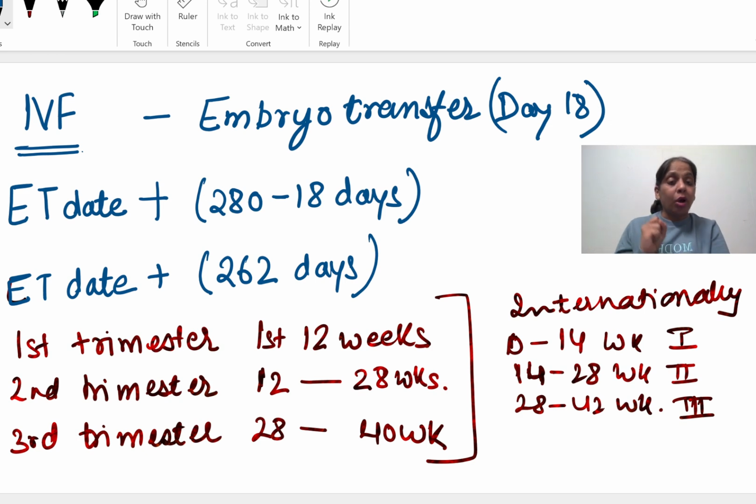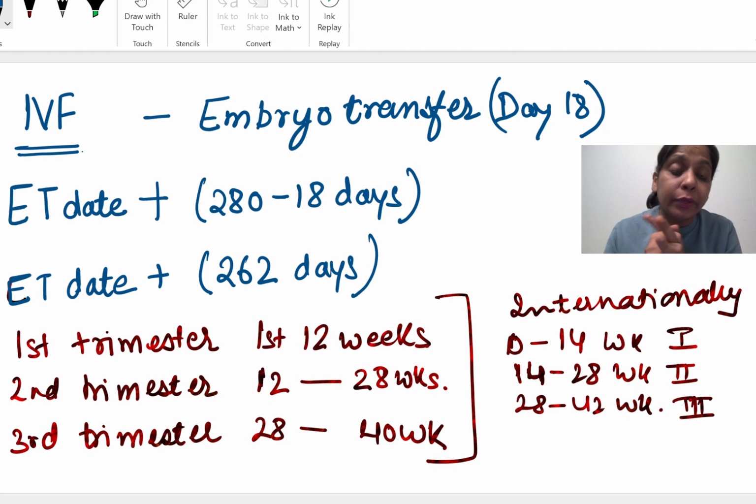So this was all I wanted to tell you, because these days a lot of questions are asked on EDD calculation. One question was there in INI-CET November 22, where one option was that all the trimesters are approximately 14 weeks.